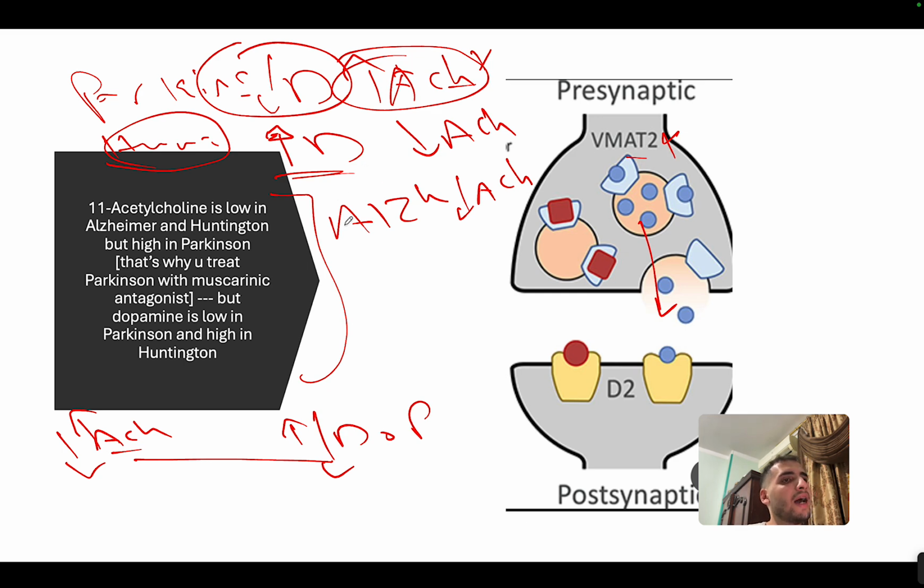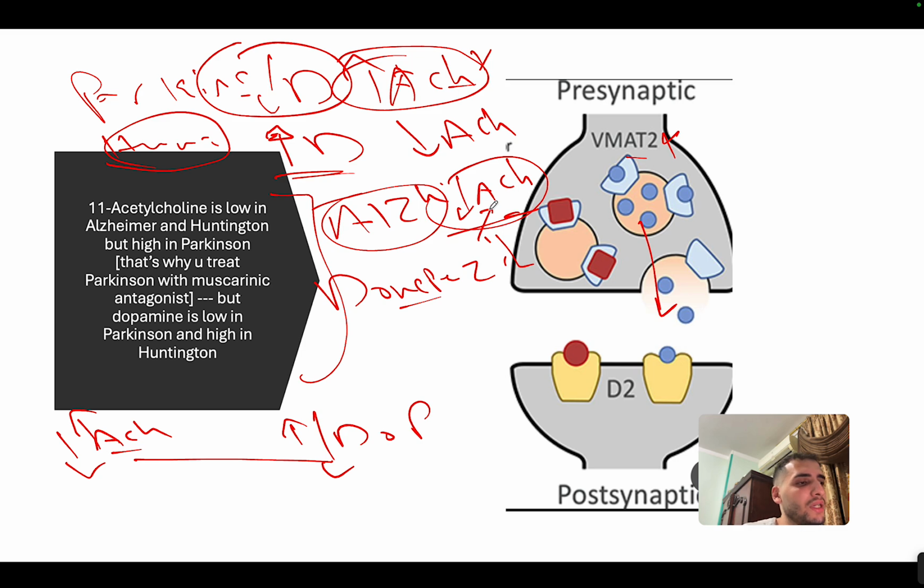And that's also why we treat Alzheimer with a drug that will increase acetylcholine. This drug is called donepezil, and it will increase acetylcholine. It wouldn't cure it, by the way, it will just decrease the symptoms. It wouldn't change the course, but it would decrease the symptoms and the aggressiveness of the disease itself.